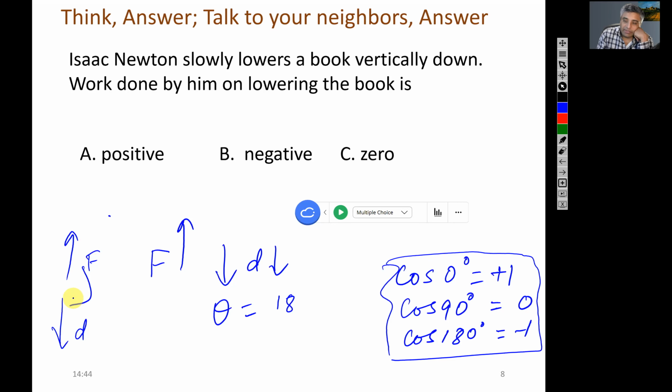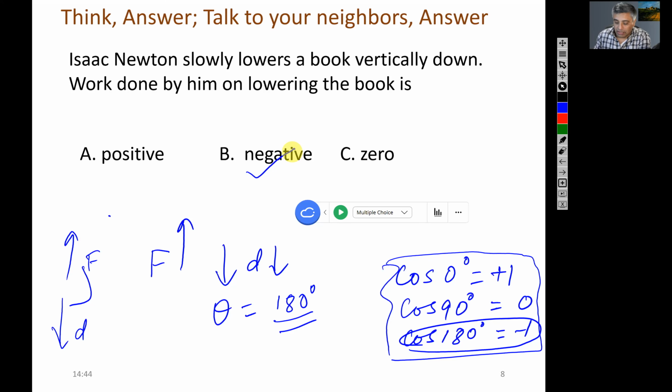It may look like a free body diagram, but it is not a free body diagram. Remember, displacement is not a force. So this is just a sketch to determine the angle. So theta is 180 degrees. Cosine of 180 means negative. So that's why the work done is negative.